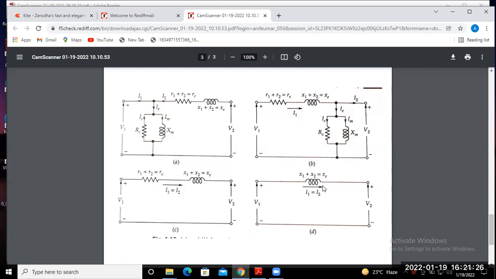So V1 minus V2 equals I1 XE. This is a very simplified circuit of the transformer.